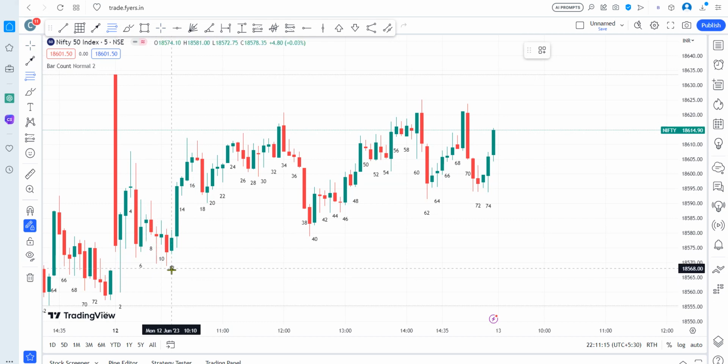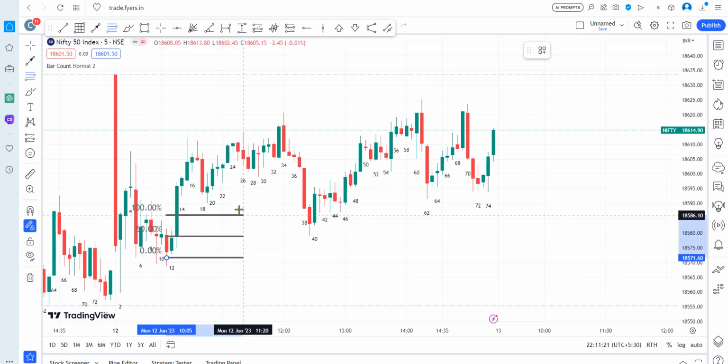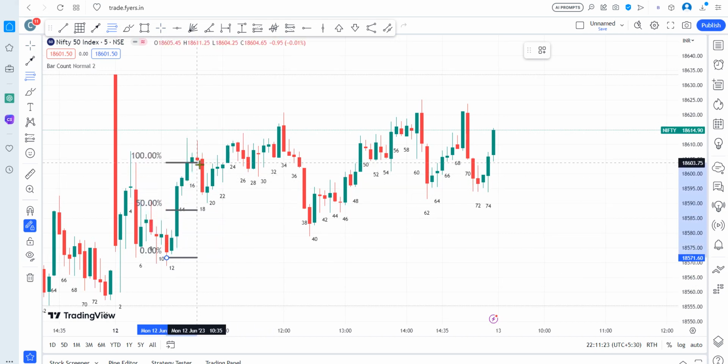Let's say if you are not exited, it is one of the managing trade approaches. So how? Let's say you sold here, so you see consecutive red bars. So what you do, you enter again with a scaling approach after one red candle. This is the 17th candle. Let's say you entered here.